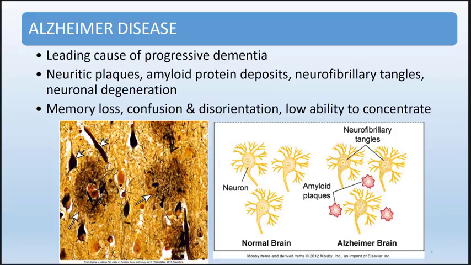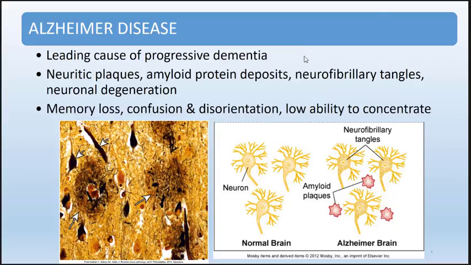Alzheimer's disease is an important type of dementia to discuss, not only because it's the leading cause of progressive dementia, but also because it's quite common in Canada. And with Alzheimer's, the brain typically shows areas with what are called neuritic plaques, which are really dead neurons. There'll be deposits of what is called amyloid protein or beta amyloid protein. We'll see this a little bit later.